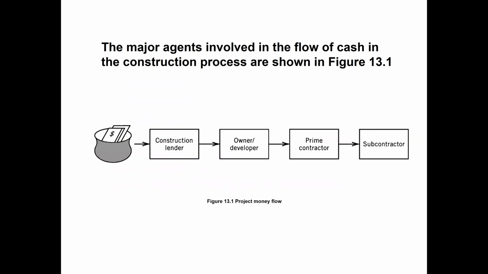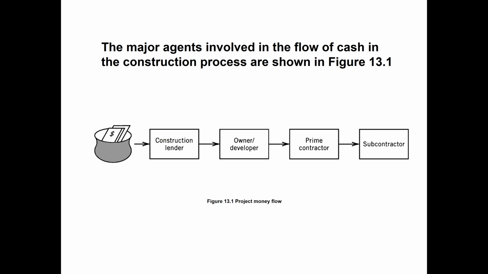So this is just a simple slide that is going to show how project money flows. Okay, so like how cash flow flows from the money, those people who are going to support construction or who are going to lend that money.